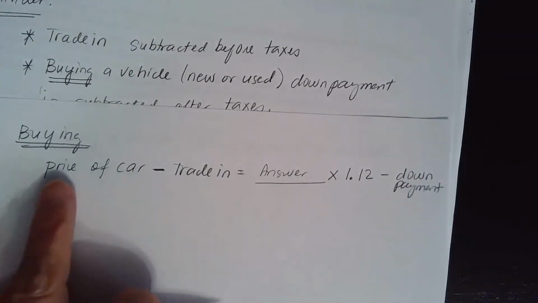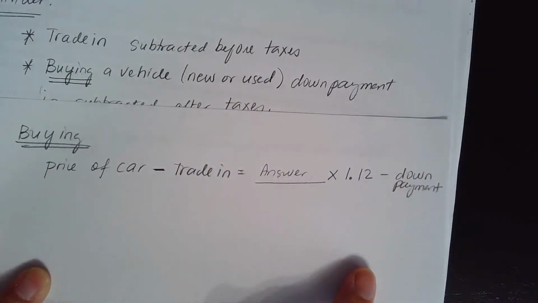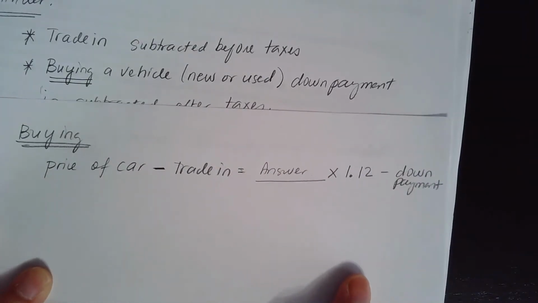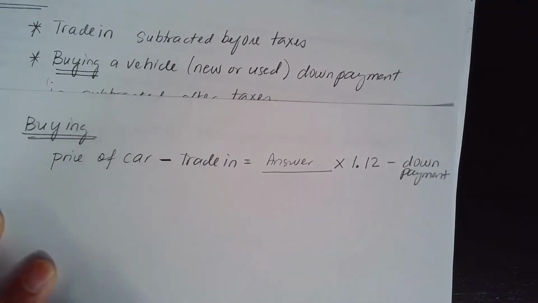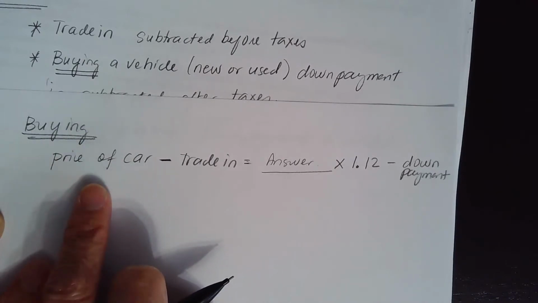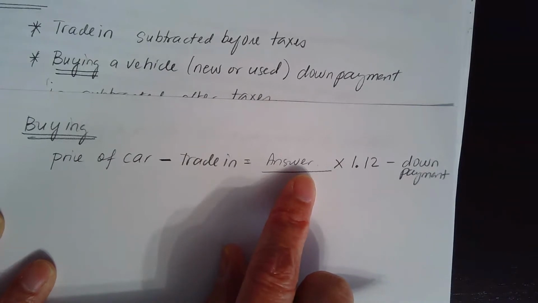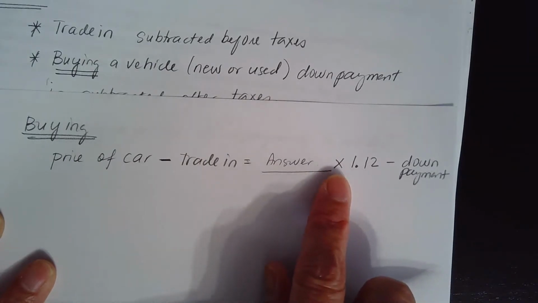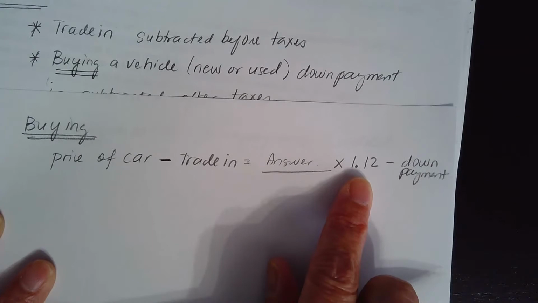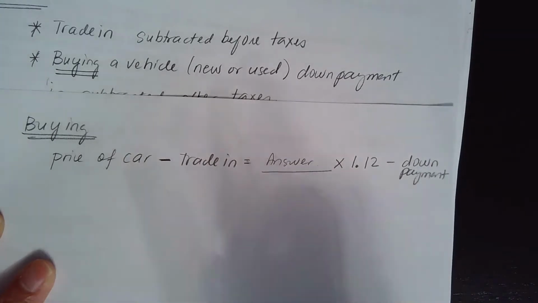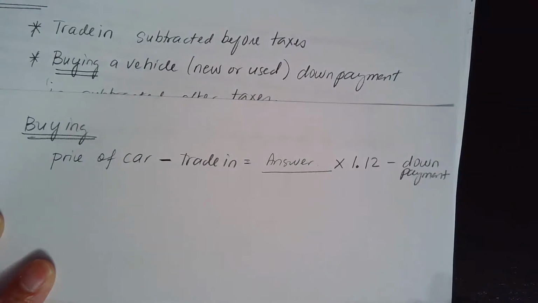Okay, so that's the formula, and it's only for buying a car. So purchase price, subtract the trade-in, multiply the answer by 1.12, that's our taxes, and then subtract the down payment, and then you'll get your final answer.